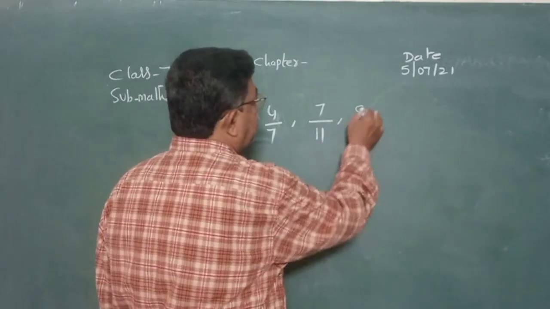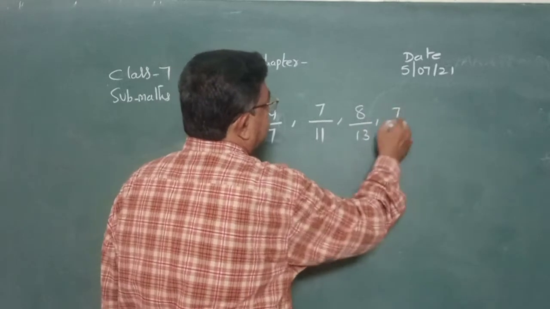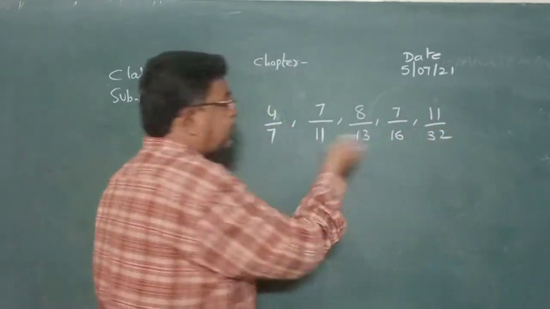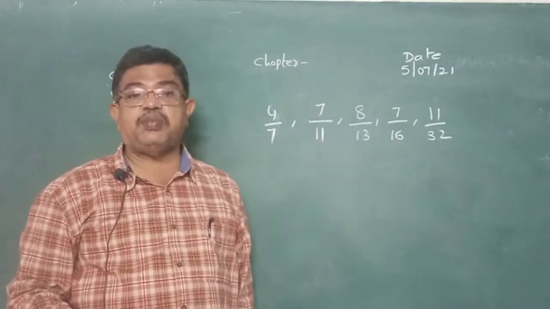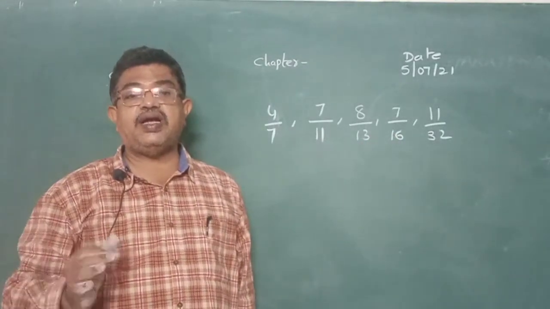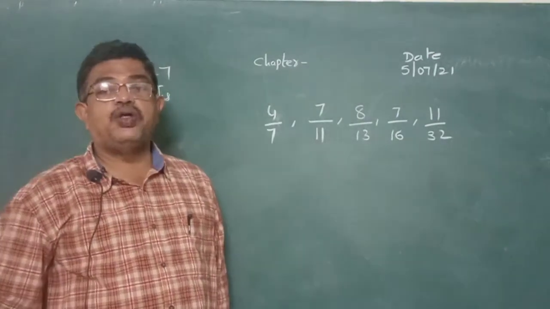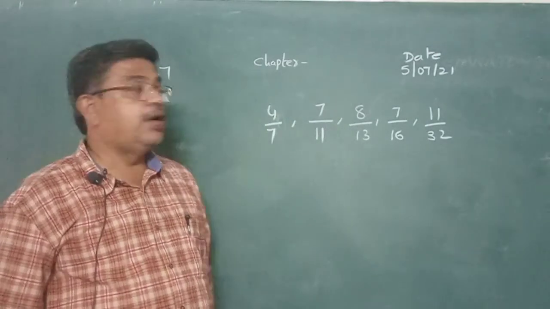Like this you can write many proper fractions. All these are proper fractions. The rule is the numerator is smaller than the denominator or the denominator is more than the numerator. Such fractions are called proper fractions.